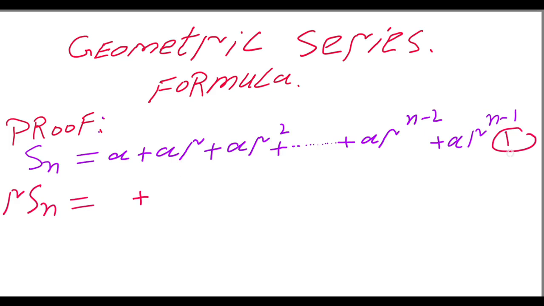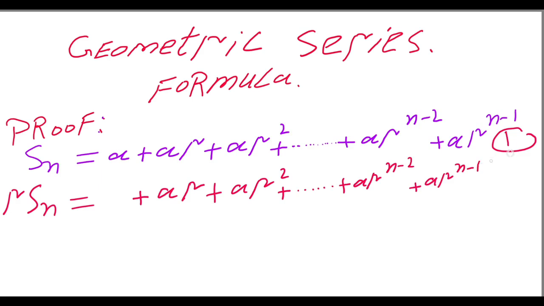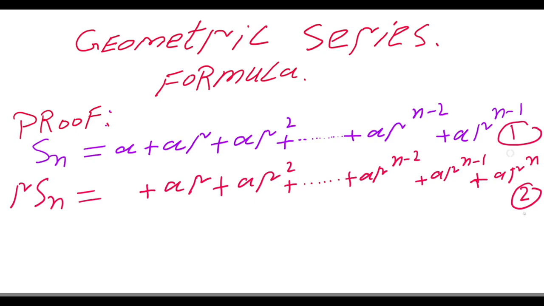You're going to say AR, since you're multiplying the Sn by R. So this becomes AR square plus so on plus AR power n minus 2 plus AR power n minus 1 plus AR power n. So this is my equation number 2 now.